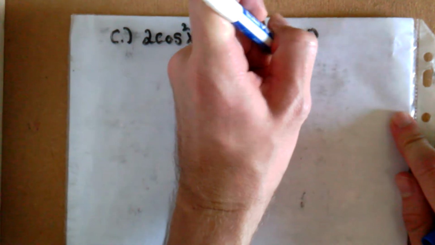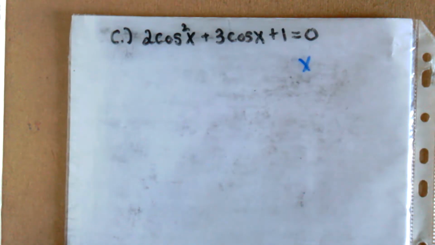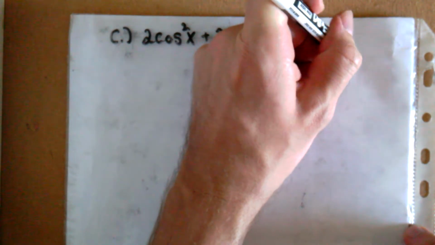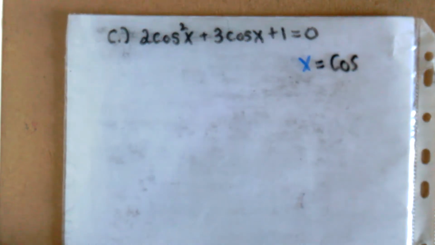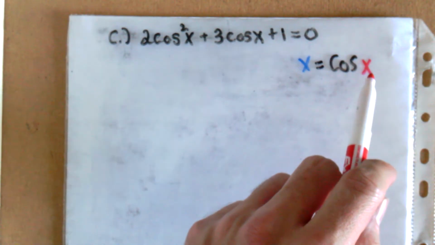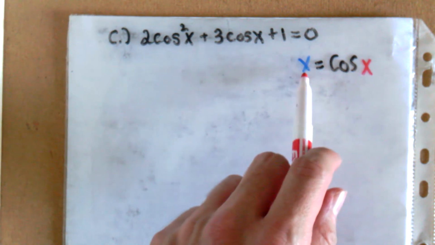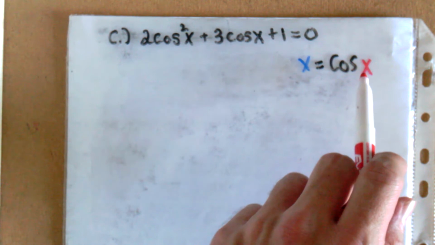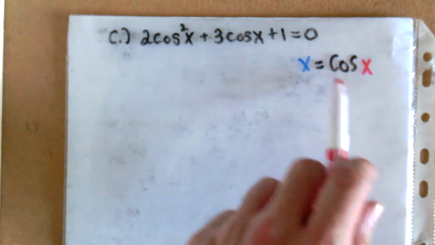So I'm going to say x equals cosine x. And again, I'm making this x red to distinguish it from this one, because these are not the same variable. This x is an angle in cosine. This is what we're just going to call cosine.